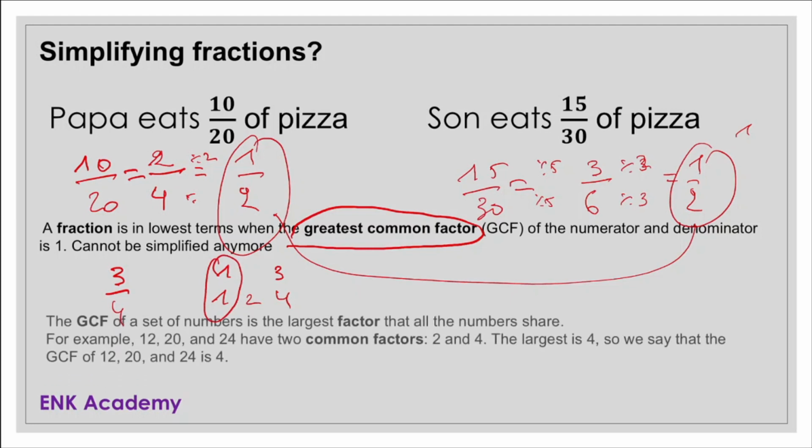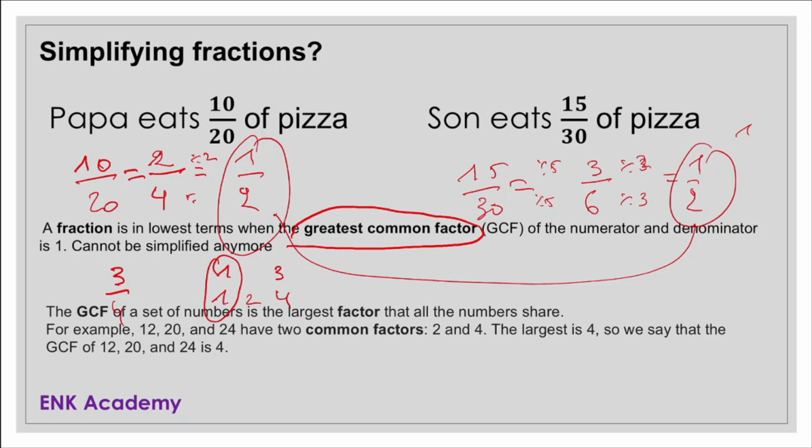So the greatest common factor of a set of numbers is the largest factor that all the numbers share.